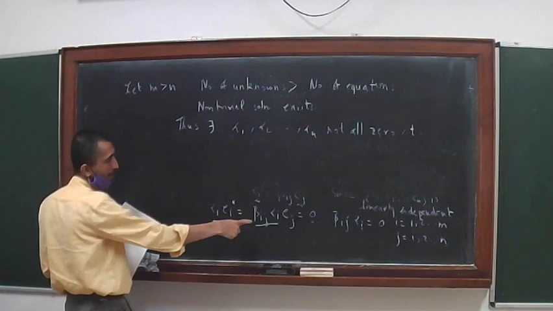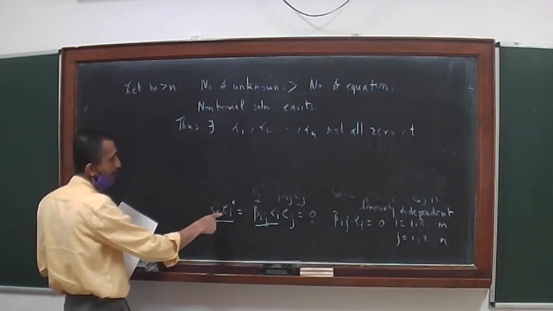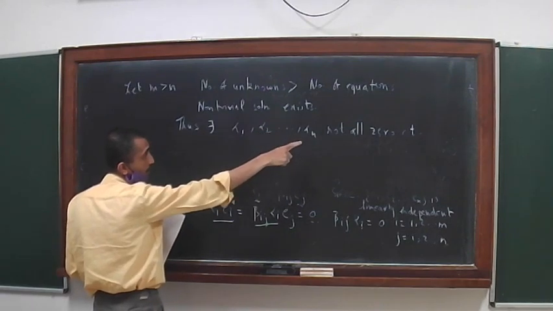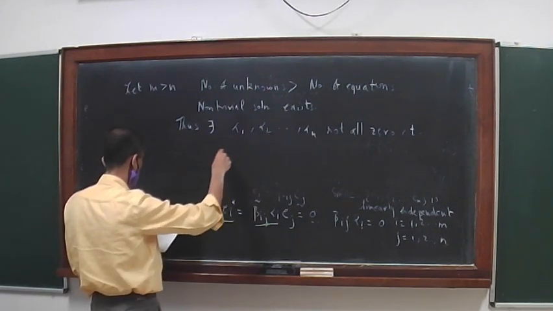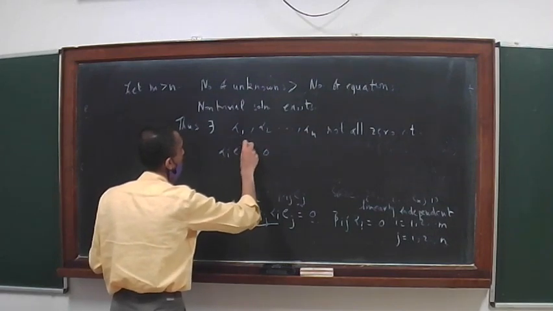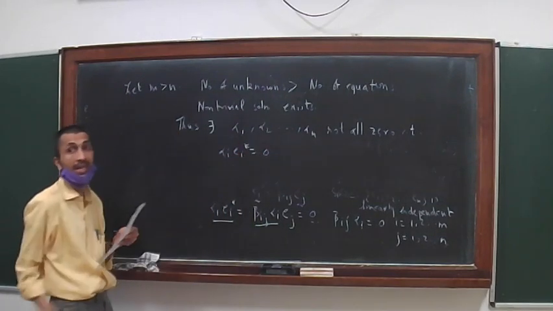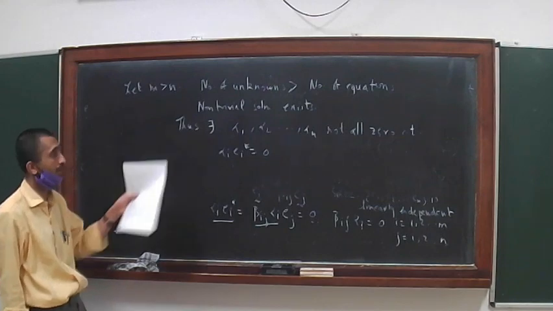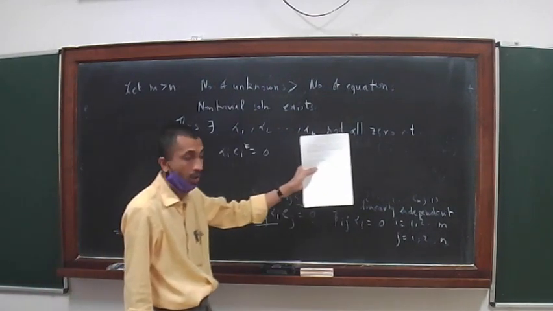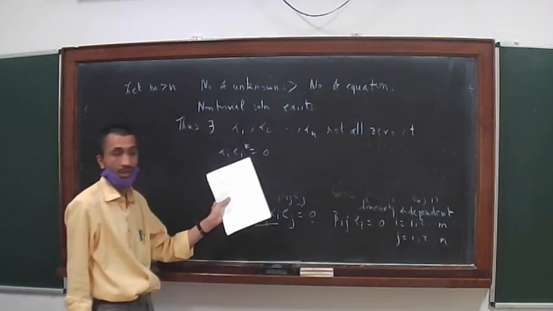What we have concluded is that if this is equal to 0, then still there exist alpha 1, alpha 2, up to alpha n, not all 0, such that the sum of alpha i, Ei star is equal to 0. So that means this is a linearly dependent set, because there are elements alpha 1 up to alpha n not all 0, such that this equation holds.